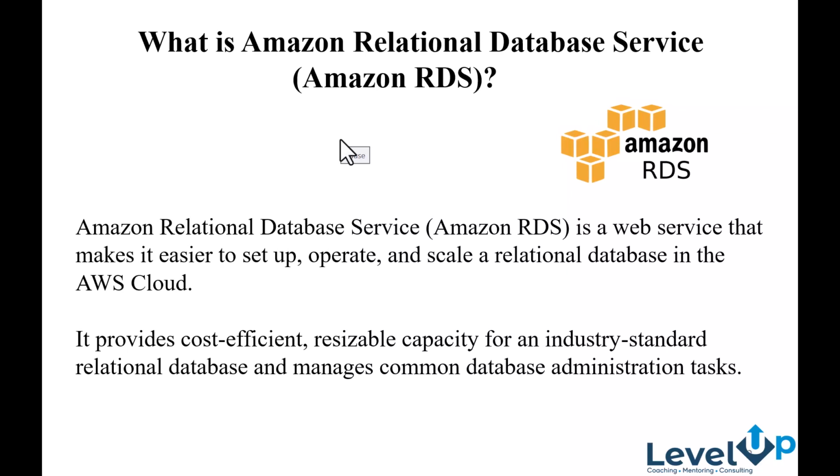So on the AWS cloud, if you want to work with relational databases, you have a service called RDS. Now, why do we need to use it? There are a couple of advantages. One is that it is very cost efficient, and it has resizable capacity. That means if we want to increase the capacity of a database, we can increase it, and if we want to decrease it, we can decrease it.